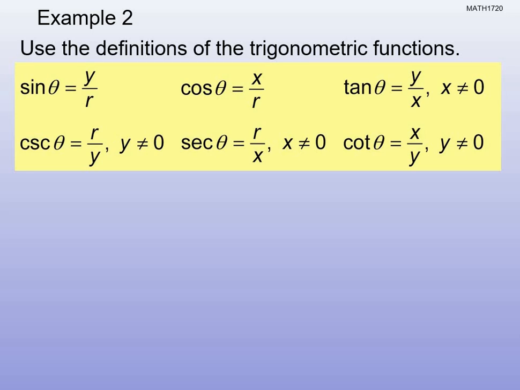Look at secant of theta, it's r over x. If x is 0, that function's undefined, we can't divide by 0. Cotangent of theta is x over y. If y is 0, we can't have a value of cotangent there. We're going to learn what that is a little bit later, but it creates an asymptote in the graph.